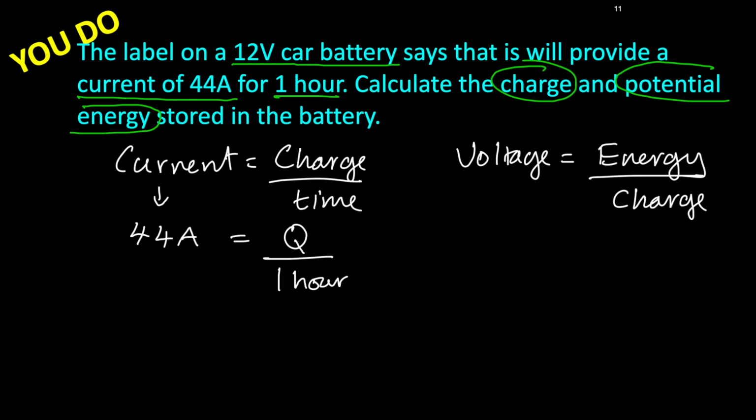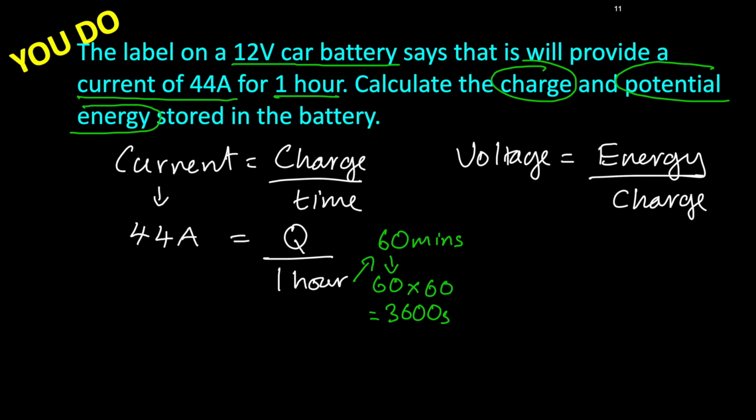This is where most people trip up on this question. 1 hour is equal to 60 minutes. And each minute has 60 seconds. So that's 60 times 60, which is equal to 3,600 seconds. So 1 hour is equal to 3,600 seconds.